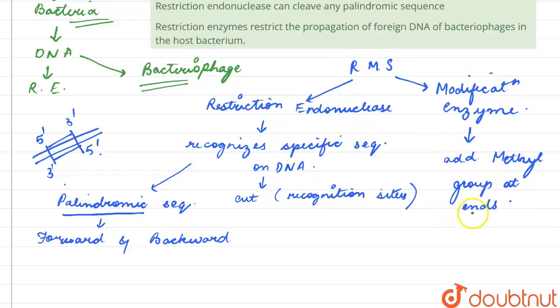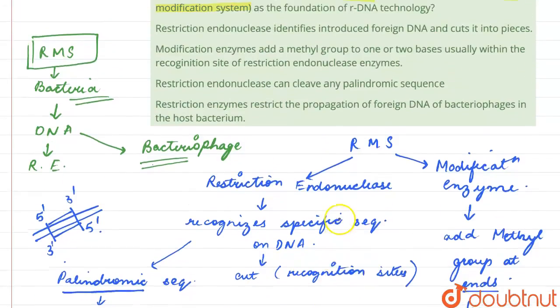When the methyl groups are added to those ends, any foreign DNA cannot bind to those ends. So this is how the bacterial DNA is protected from the foreign DNA binding to it and then taking over its genetic machinery.